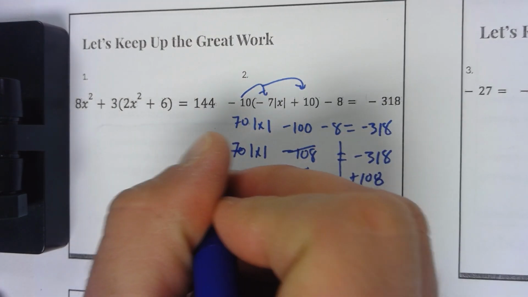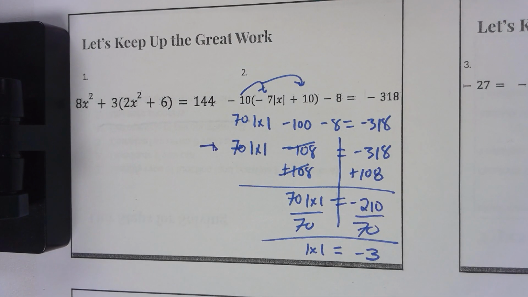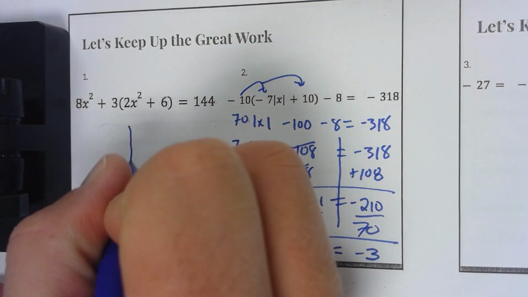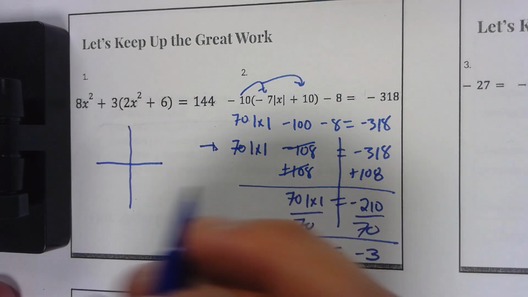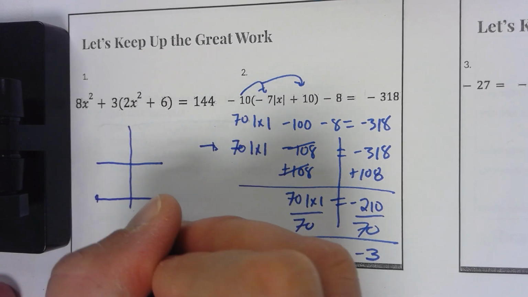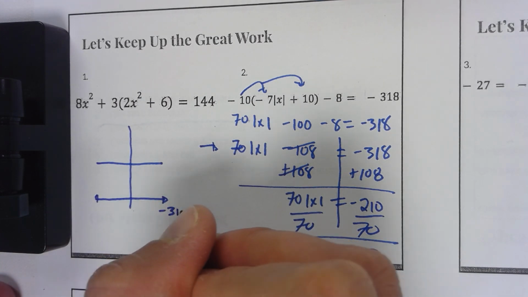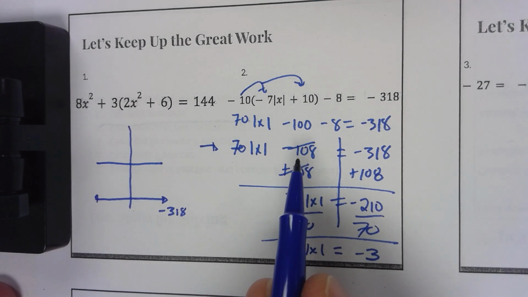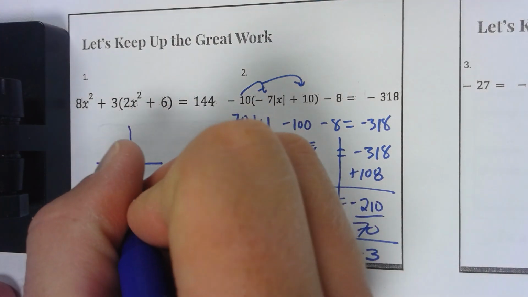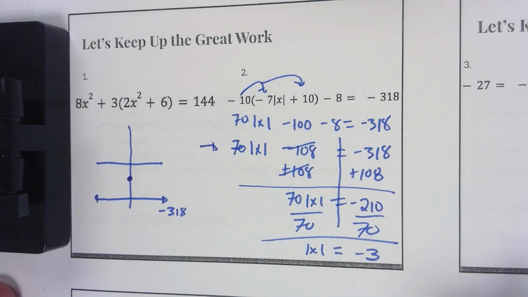And it's at this point right here where a graph could be really helpful. And in fact, I'm going to actually draw one this time. Okay, because with this graph, the right side being negative 318, that puts that vertical line really far down. It puts the vertex of the absolute value graph down 108, so not quite that far down.